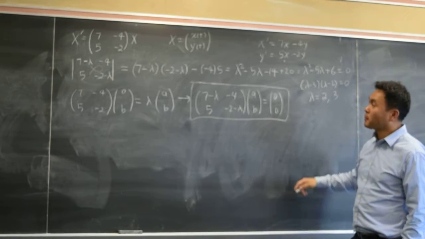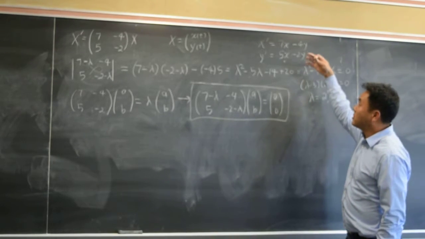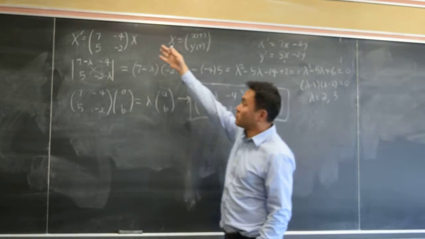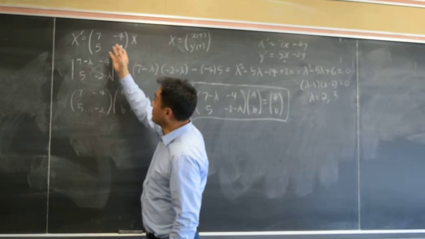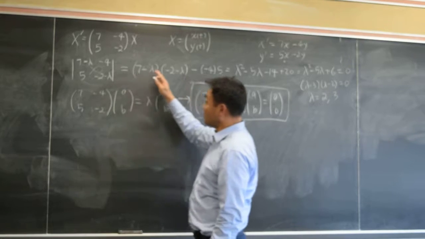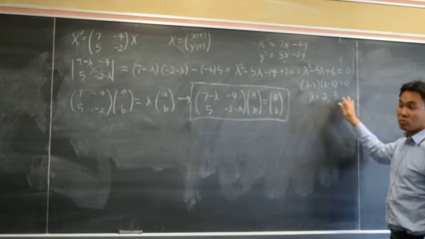So to repeat myself, if you're given a system, first come up with the matrix of coefficients, subtract lambda off the diagonal, take the determinant, set it equal to 0, and that gives you the eigenvalues.